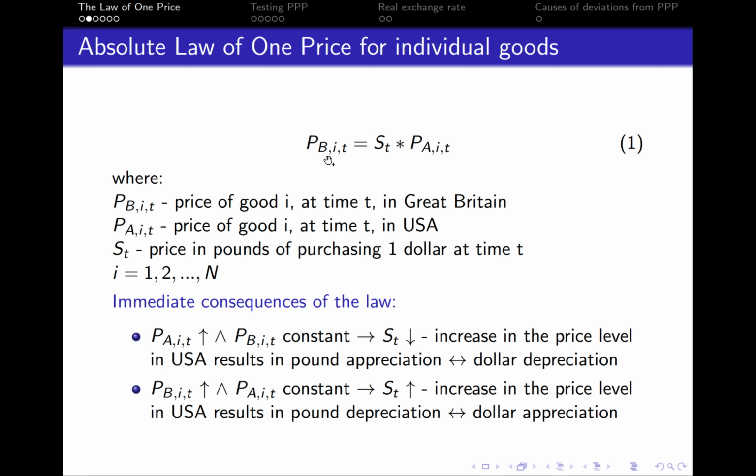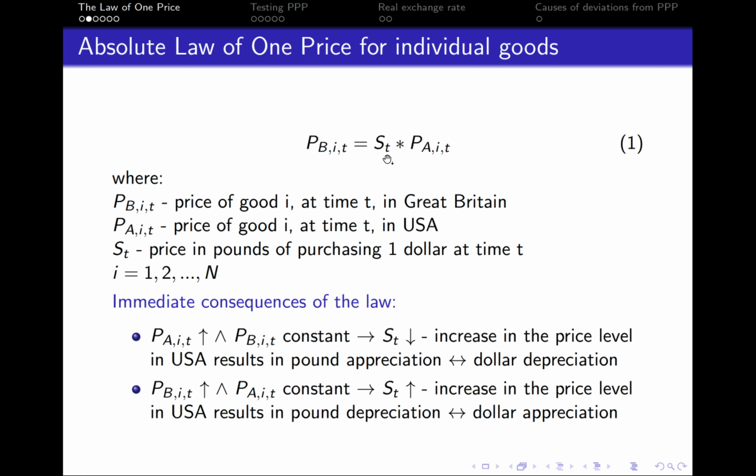But look, of course, we cannot just put here price in Britain equals price in the United States. Why? Well, because prices in Great Britain are expressed in pounds. Prices in the United States are expressed in United States dollars. So what do we need to have here? We need to have the spot exchange rate.